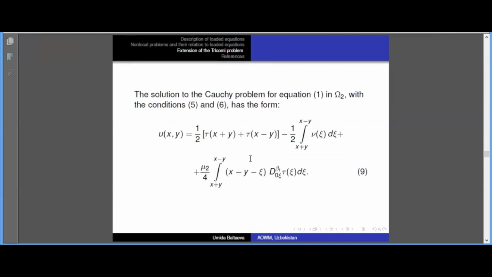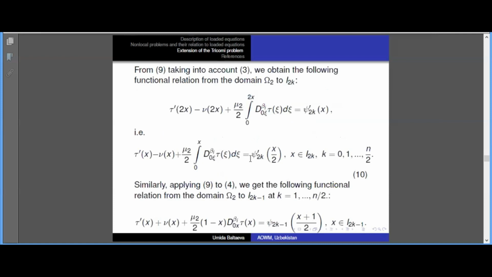From the hyperbolic part, from omega 2, we can receive integro-differential relations for the functions tau, nu, and psi_2k for even k, and psi_2k minus 1 for odd k.